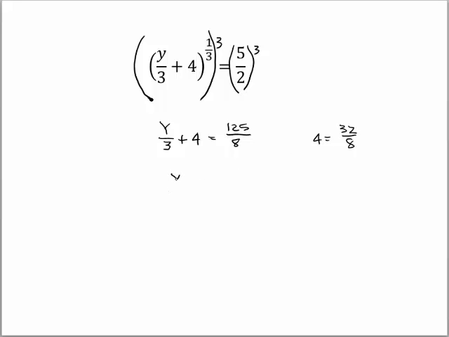So we have y over 3 equals 125 eighths minus 32 eighths. Okay, so you had to put that in terms of eighths so that we could subtract it. So now we have a simpler equation, y over 3 equals 93 eighths.